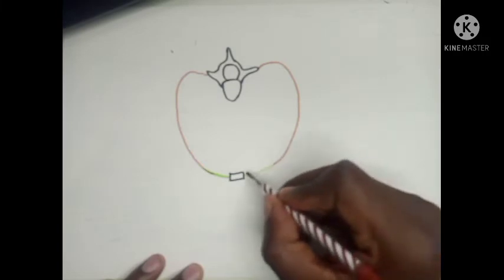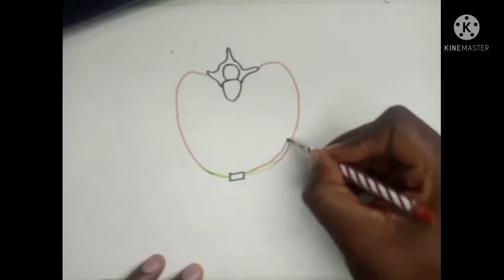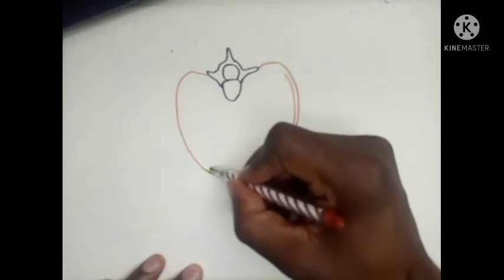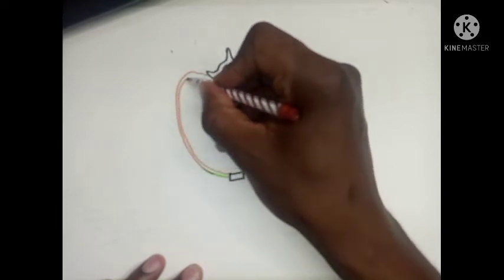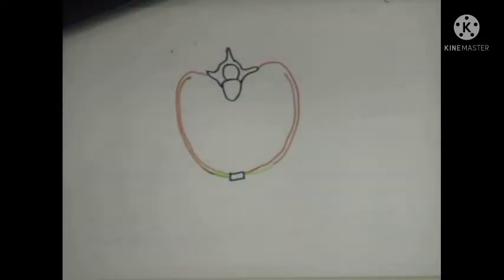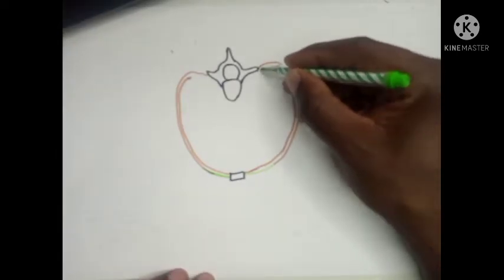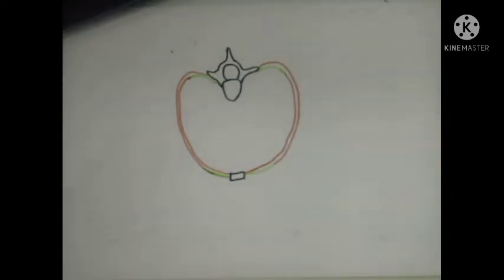Now medial to this muscle, there is the internal intercostal muscle, which comes from the lateral aspect of the sternum, and it goes like that. It continues up until it reaches the angle of the rib. Then it is finished by the posterior intercostal membrane, which is also a membranous structure.